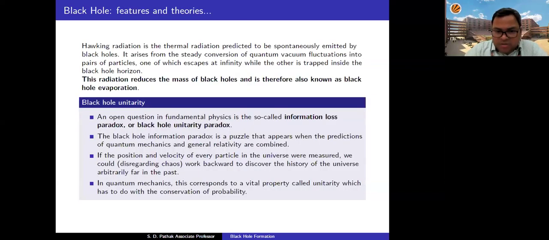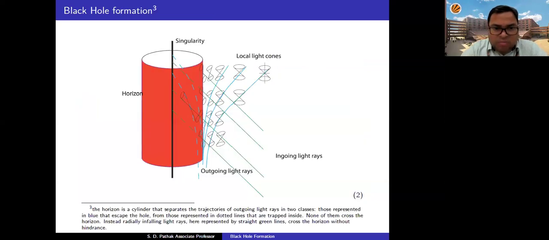Next, you can see in pictorial form what exactly happens near the black hole boundary. In this red cylinder, the boundary is the event horizon, and due to the strong gravity, the light cone becomes tilted, right?